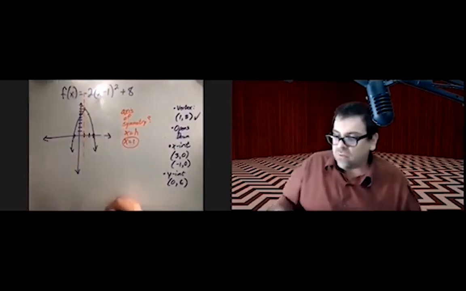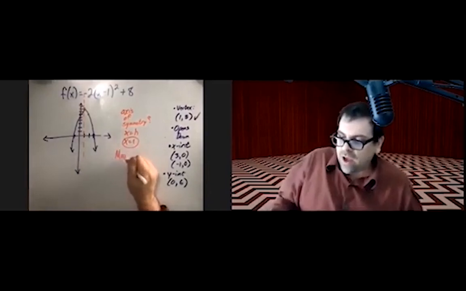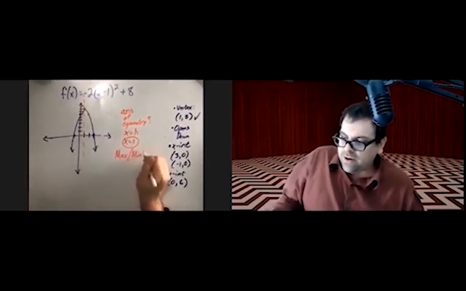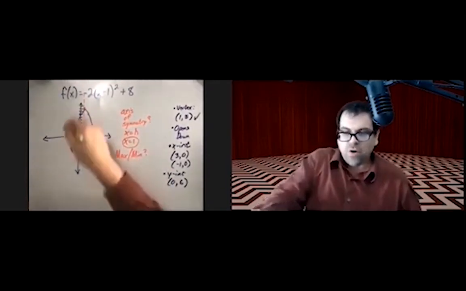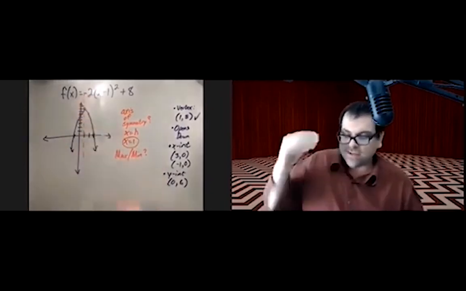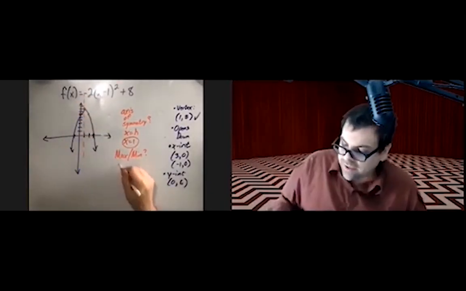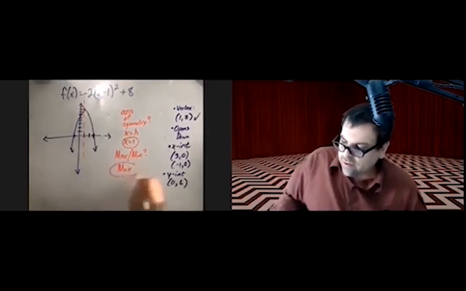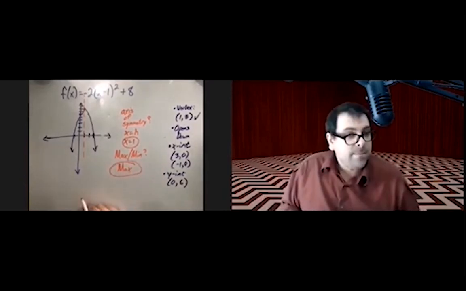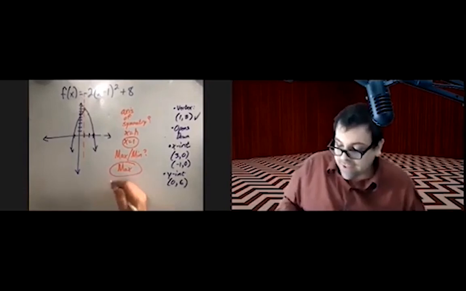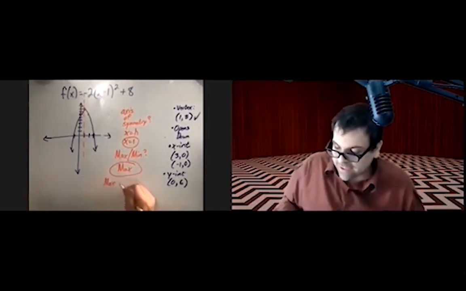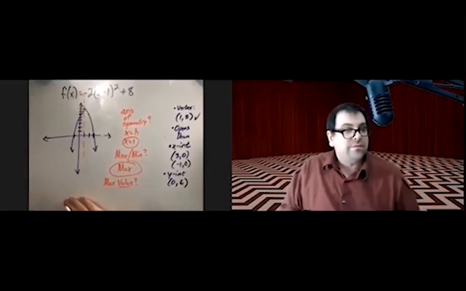Since it opens downward, do we have a max or a min? Since it opens downward, our vertex is on the top. That means we have a max. And if we have a max, we can ask, what is the max value of this function?